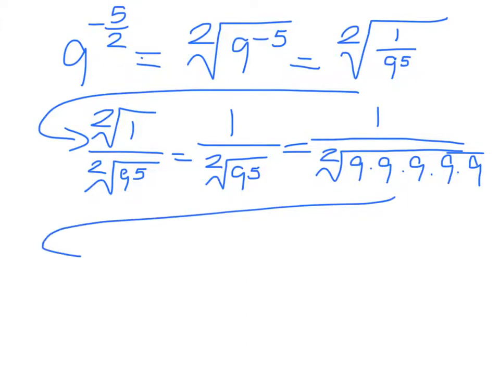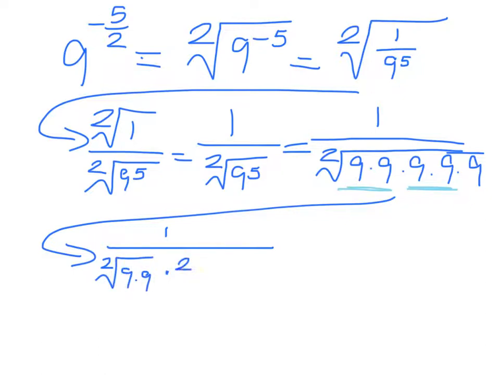So that's going to be equal to 1 over, well, I see two 9s here and I'm taking the second root, and I see two 9s there and I'm taking the second root. So maybe I want to say this: the second root of 9 times 9, times the second root of 9 times 9, times the second root of 9. So that's going to let things work out for me pretty nicely.